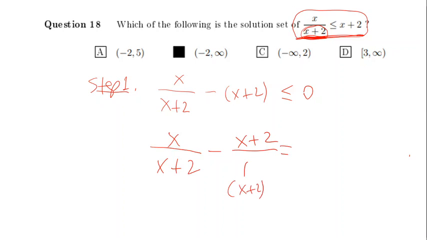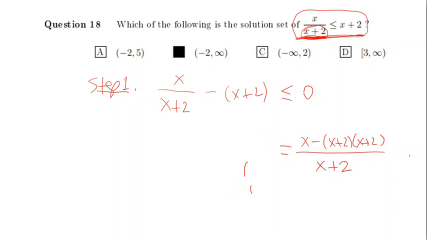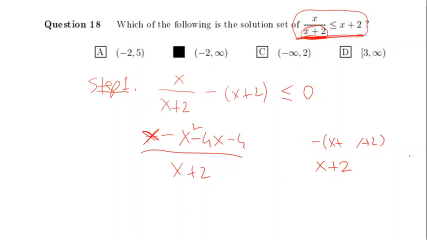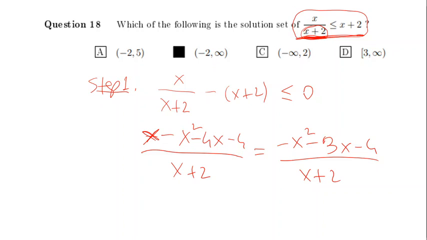You multiply this one with x plus 2 squared, and then what you can do here is x minus x plus 2 times x plus 2 divided by x plus 2, and then when you do this one, it will give us x minus x squared minus 4x minus 4 divided by x plus 2, and this will give us minus x squared minus 3x minus 4 divided by x plus 2.